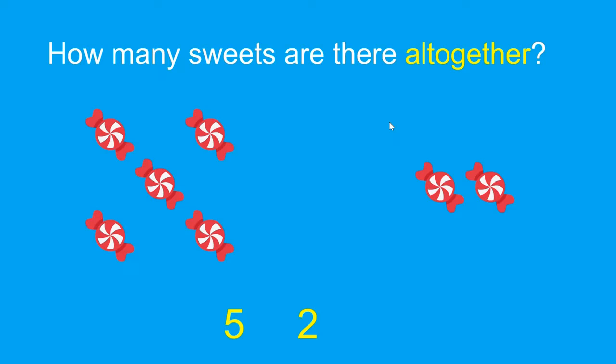So you write 5 plus 2 equals, and now we have to find how many are there altogether. So let's just count everything. Count all the sweets here shown. So we have 1, 2, 3, 4, 5, 6, 7. 7 sweets all together.